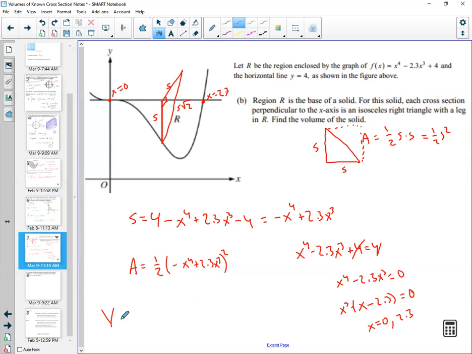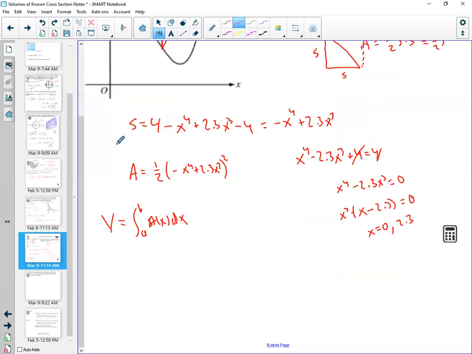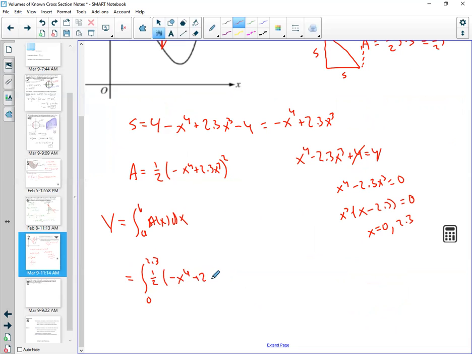So my volume, again, is the integral from a to b of A of x dx, which in this case is this thing, 0 to 2.3. The 1/2 doesn't matter where it goes. I could have put it on the outside, and if I was actually going to do this integral myself, I probably would have.